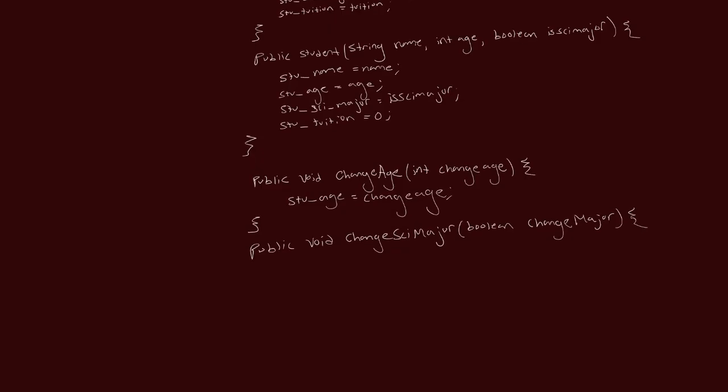And let's say if they went from being a science major to maybe an arts major, then obviously we have to change this to false. So we'll do is sci major. So sorry, not is sci major. It's stu sci major equals change major.